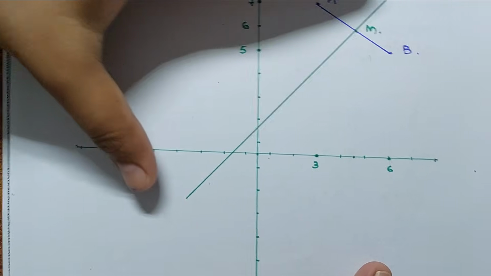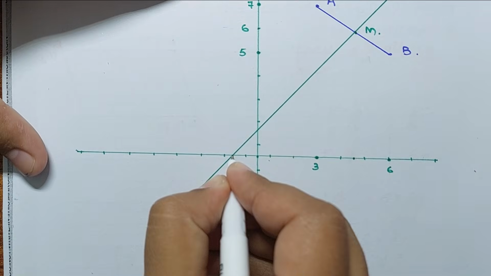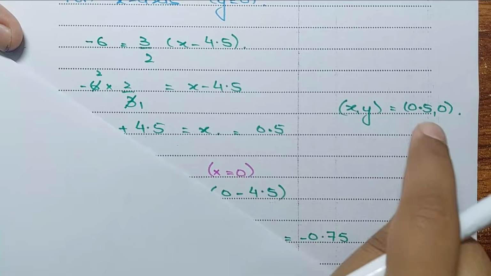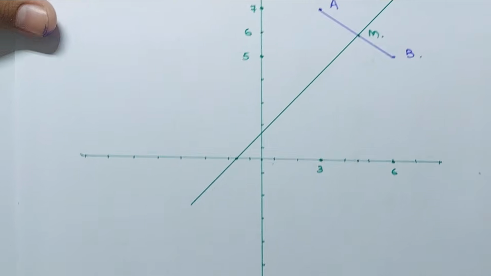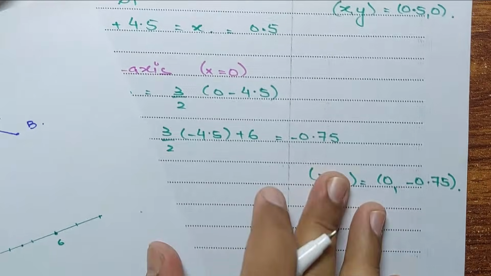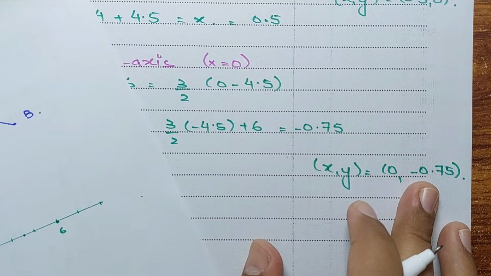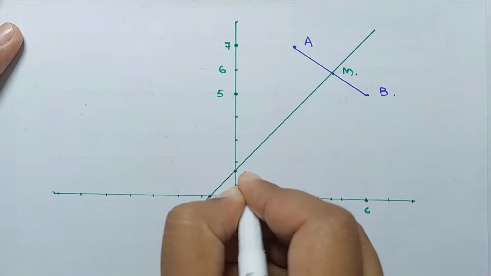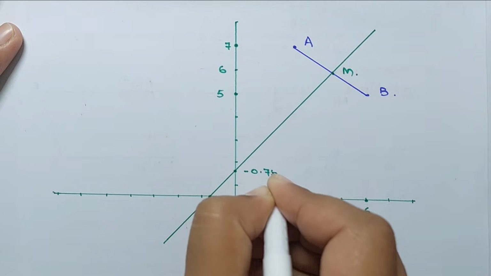It intersects the x-axis at 0.5 and 0. So this coordinate is 0.5, and it intersects the y-axis at negative 0.75. Just assume it is a rough sketch. This is minus 0.75 on the y-axis.